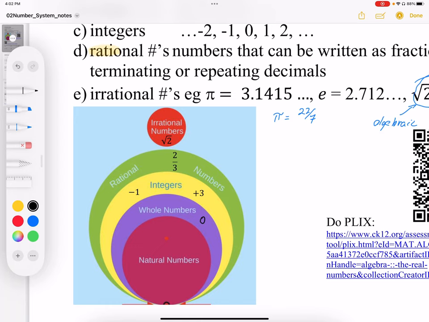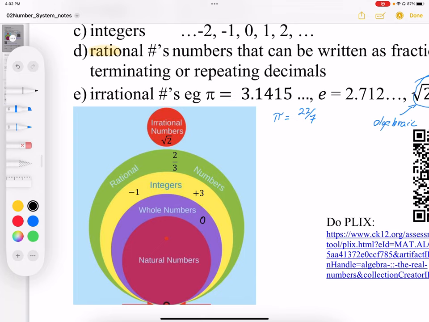Outside of that, when we expand our whole number system and include the negatives, we get integers. Then we can go outside of that and include fractions. All integers can be expressed as fractions, so whole numbers, integers, and natural numbers are all also considered rational numbers.